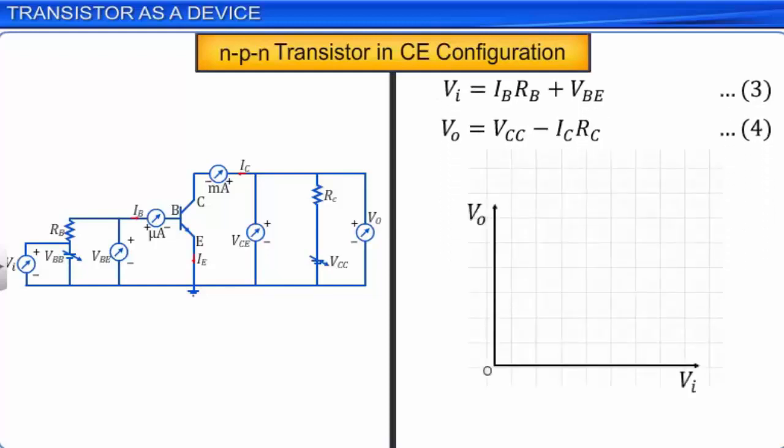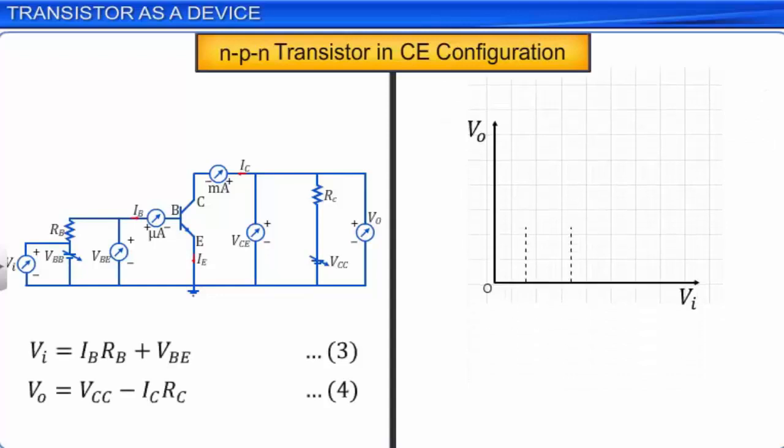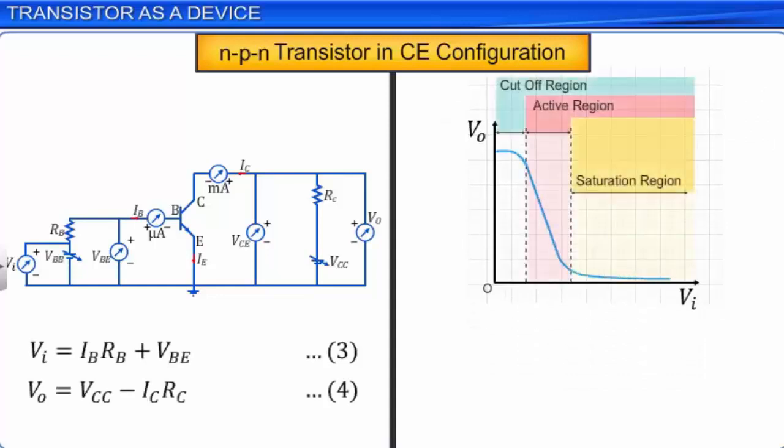In case of a silicon transistor, the cutoff voltage is 0.6 volts. As long as the input voltage VI is less than 0.6 volts, the transistor is in the cutoff state and the collector current IC is 0. Then from equation 4, the output voltage VO is equal to VCC.